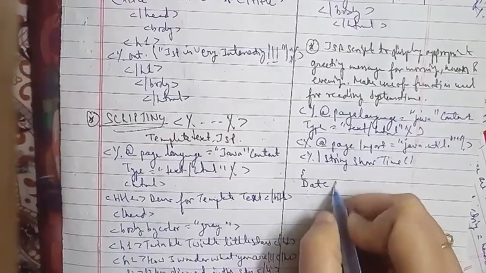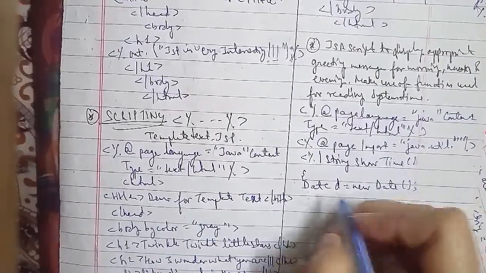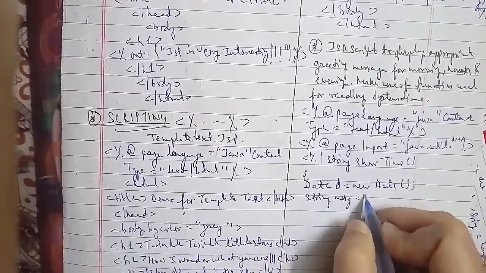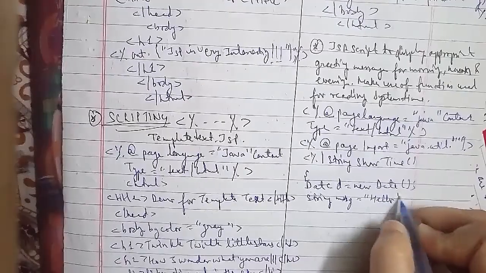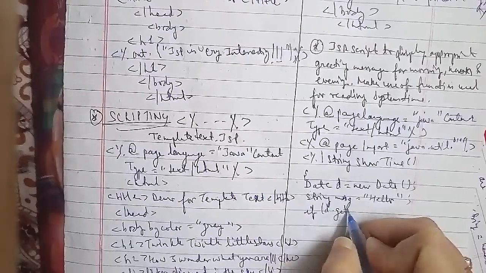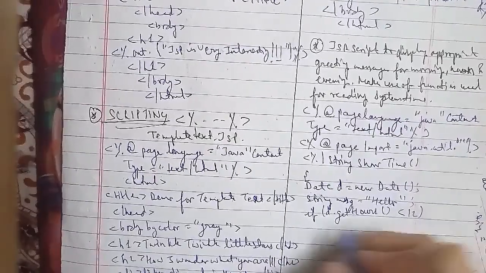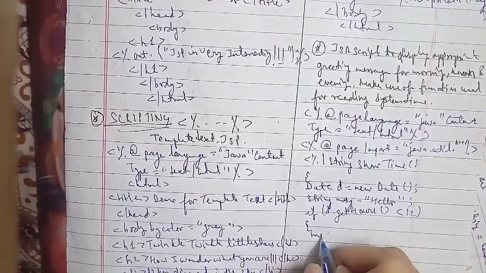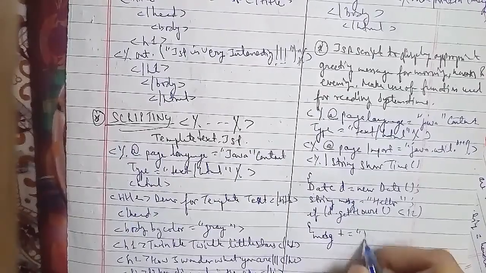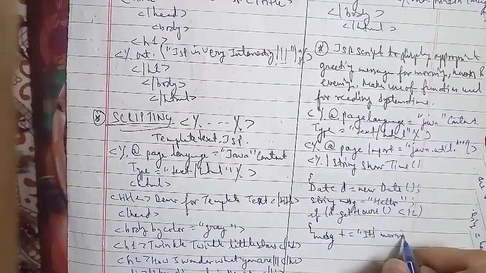Closing curly tag, else if d.getHours less than 18, then starting curly tag, message plus equals it's afternoon now.